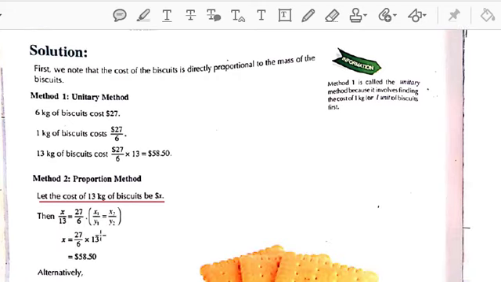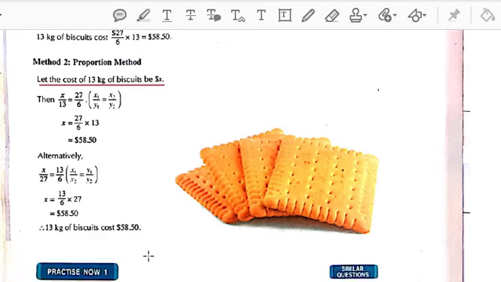So in the proportion method, x1 divided by y1. Actually, x1 is indicating over here the cost of the biscuit, and y1 the weight of the biscuit. You can mention anything over here.